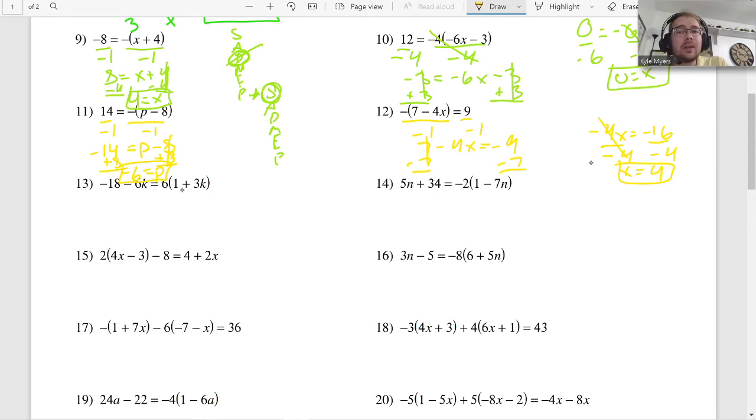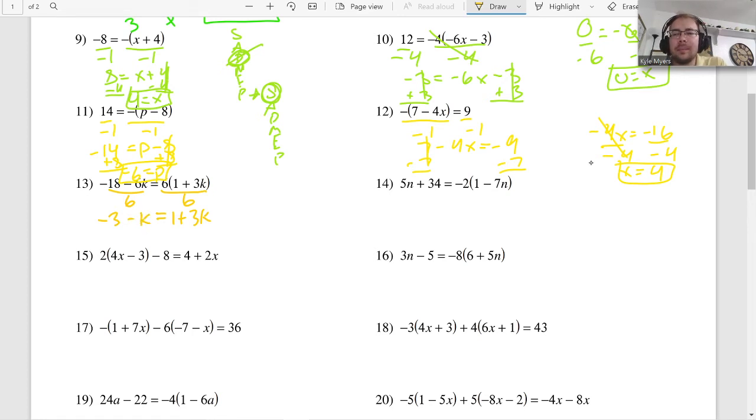We could distribute, and we could totally do that, but I'm not going to distribute unless I really need to, and I don't really need to here. So I'm going to show you this method. There's not really enough space on this worksheet to show you multiple different ways to solve something. So if I divide this by 6, then each thing gets divided by 6.